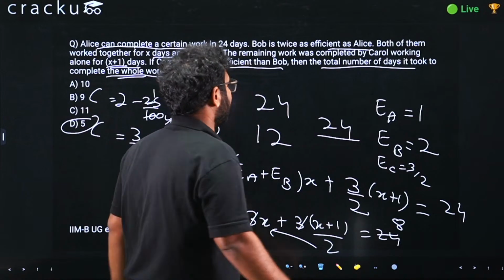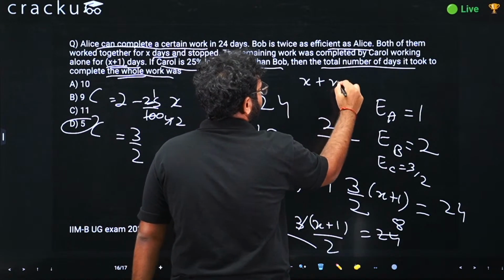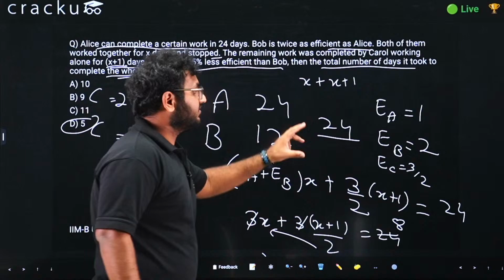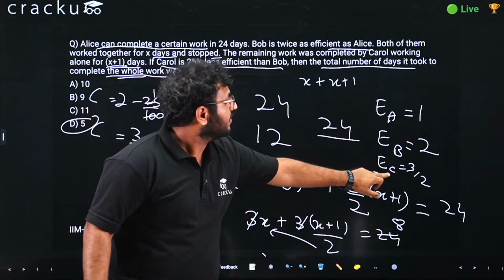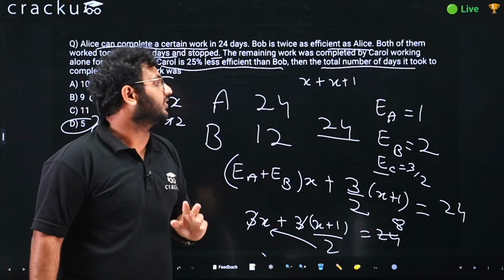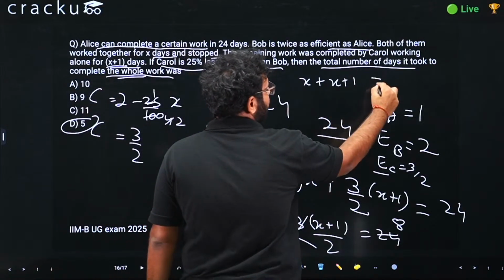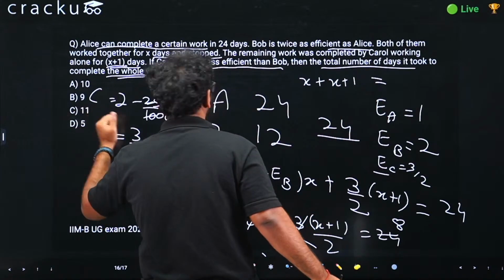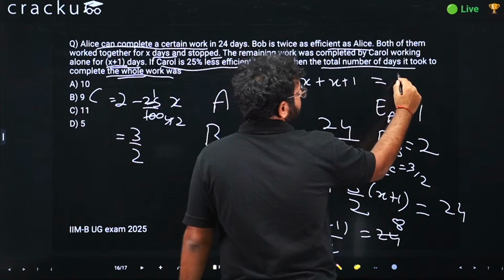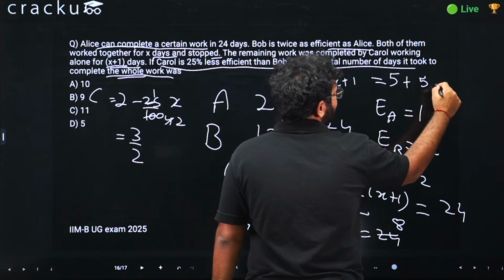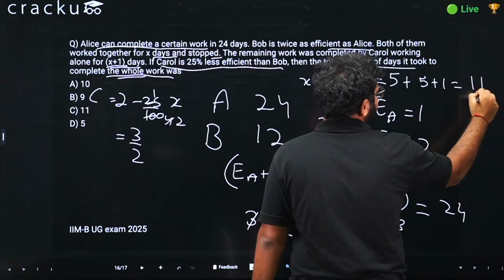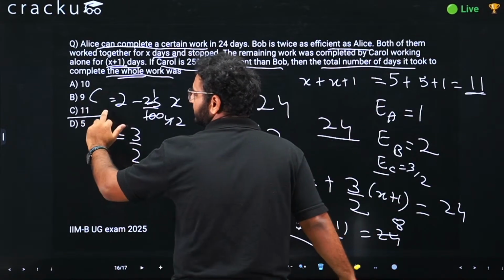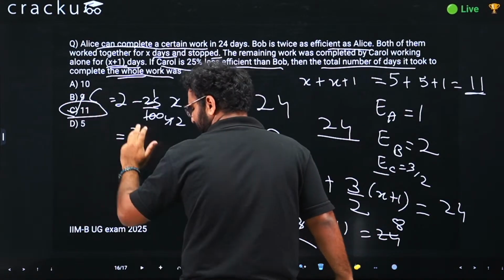Total days is X plus 1 for the first X days when A and B are working together, and the next X plus 1 days when Carol, or C, is working alone. We found X to be 5. So it would be 5 plus 5 plus 1, which is equal to 10 plus 1, 11. Hence option C, 11, is the correct answer.